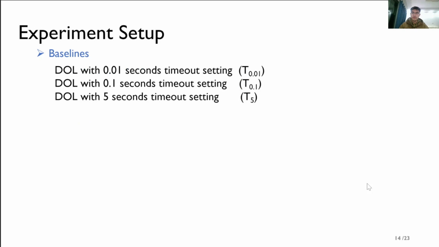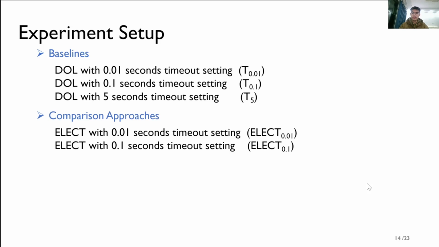We choose DOL with timer settings 0.01 seconds, 0.1 seconds, and 5 seconds as baselines. They are abbreviated as T0.01, T0.1, T5. The comparison approaches are ELECT with timer settings 0.01 seconds and 0.1 seconds. They are abbreviated as ELECT 0.01, ELECT 0.1.